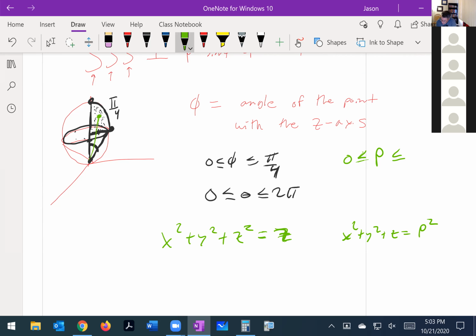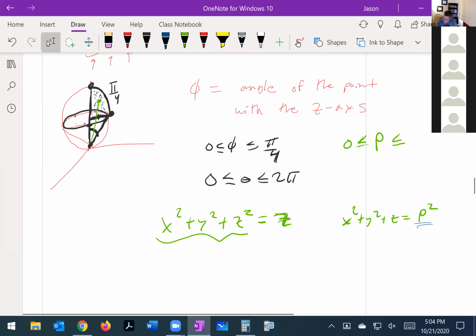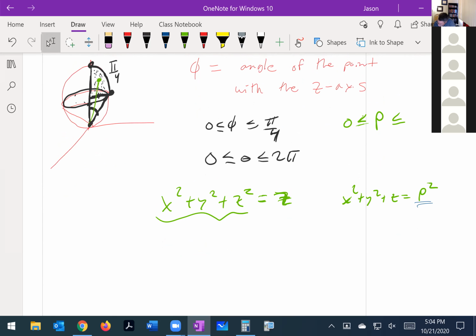I'm just saying, what is this part equal to? Rho squared. Yes, it's equal to rho squared. Why is it equal to rho squared? Let's prove it.